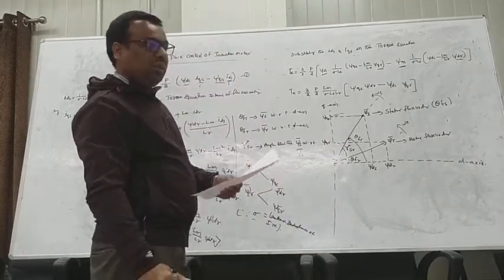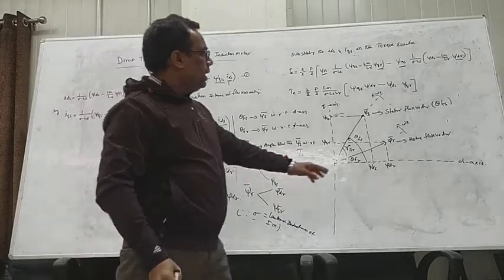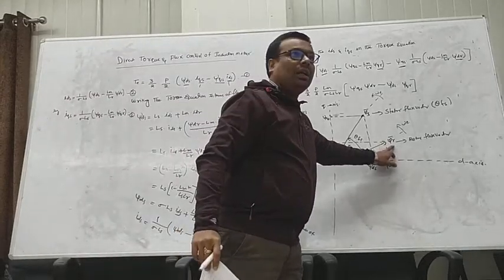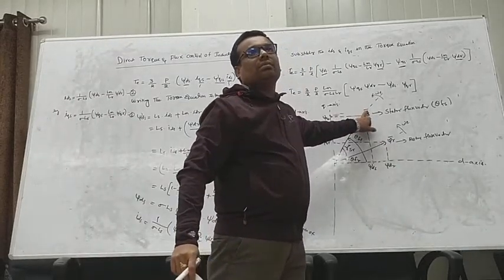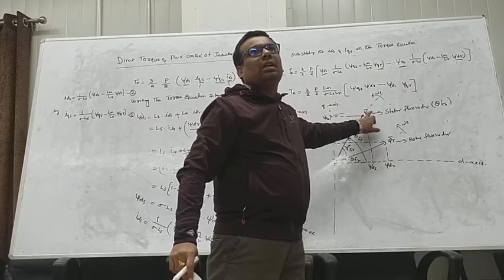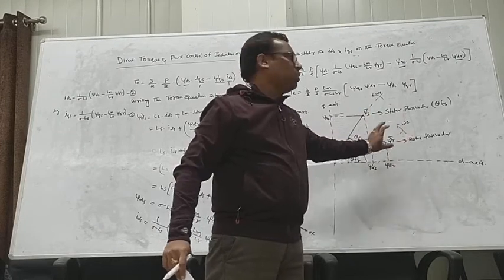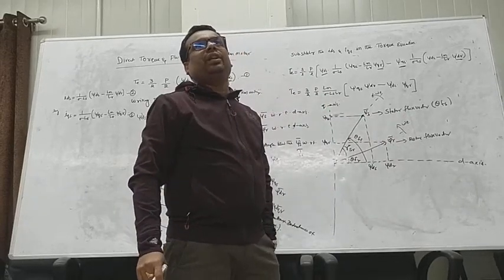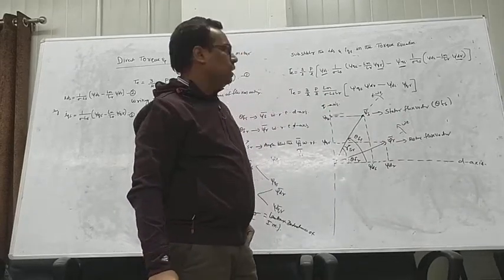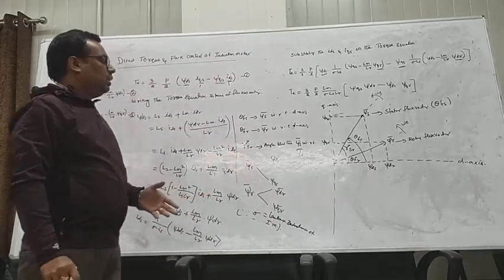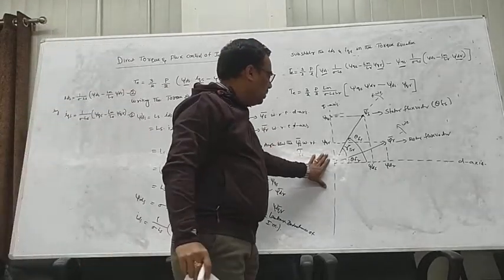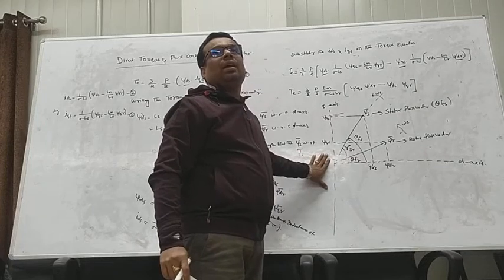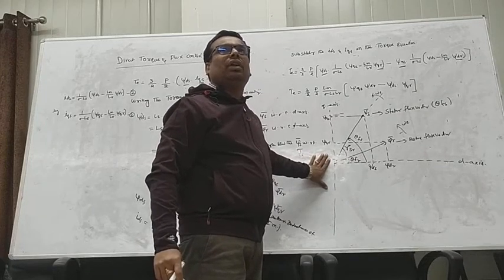The relative speed between psi S and psi R is 0. It means that both are rotating at the synchronous speed. This vector diagram is very, very important to understand the concept of direct torque control of induction motor.